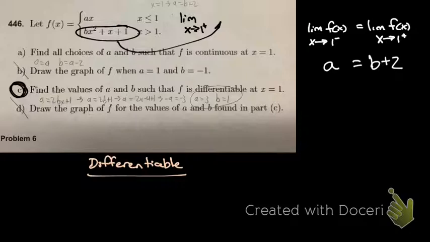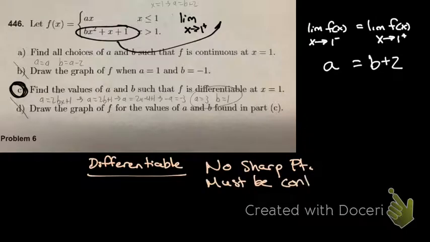It needs to have the same limit from both sides. It needs to have a two-sided limit that exists. No sharp point. It must be continuous.